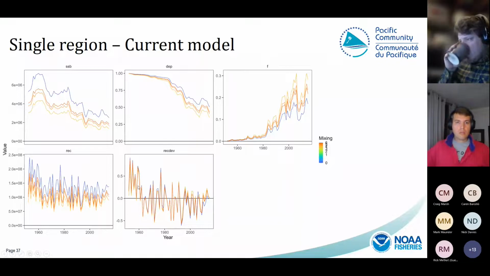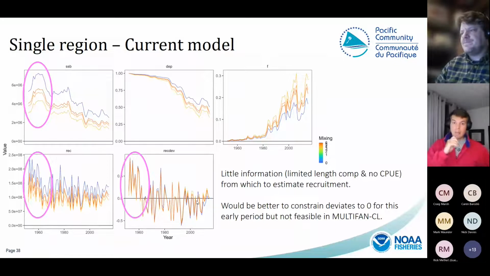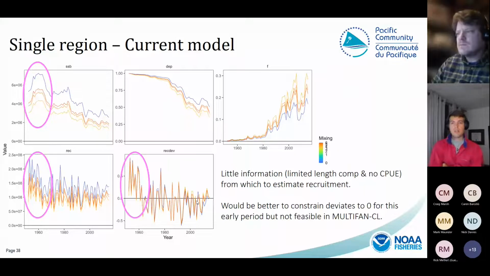Overall pattern, though, in recruitments is very similar between all the different models. Something that I want to point out here is that at the beginning of the model period, there's very little information, limited length composition data. There's no CPUE data at this point from which to estimate recruitment. And currently in MULTIFAN, it's not possible to constrain these recruitments. I know in Stock Synthesis, you can have the early period and the main period of recruits, where that early period is constrained closer to 0 in terms of the deviates.